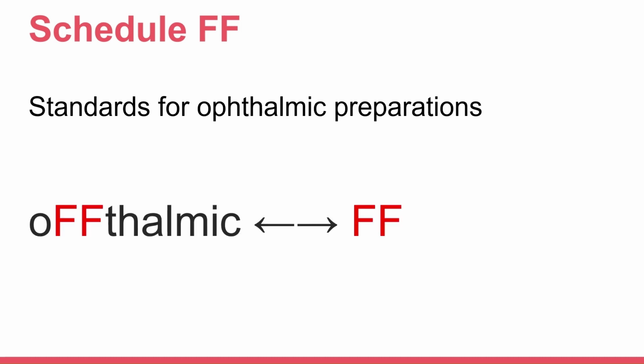Now moving to Schedule FF. Schedule FF states the standards for ophthalmic preparations. FF is for ophthalmic preparations. Ophthalmic contains a pronunciation of F. FF also has the same pronunciation, ophthalmic and FF.